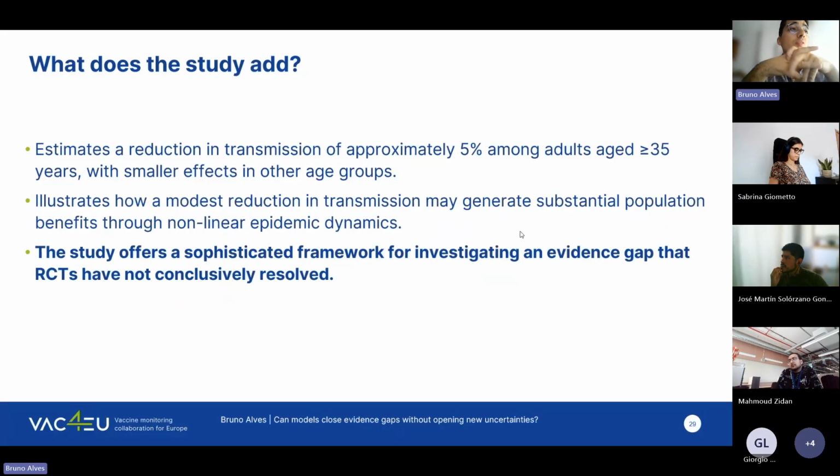So it offers a sophisticated, more dynamic approach for investigating this evidence gap that conventional models are not able to answer as of now.